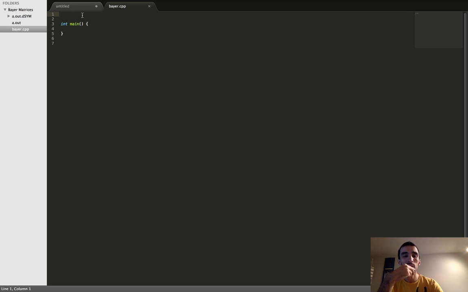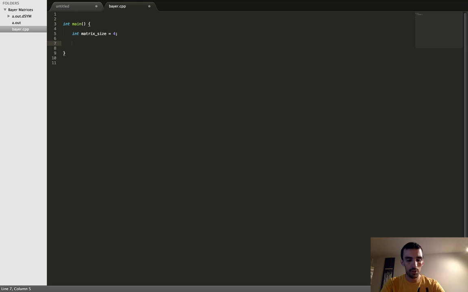So how are we going to do this? Actually we need some kind of input here. We need to know what is the size of the matrix. Matrix size, so that we can parameterize by that. And we'll start with 4 for now.